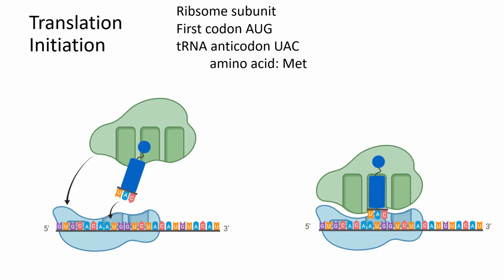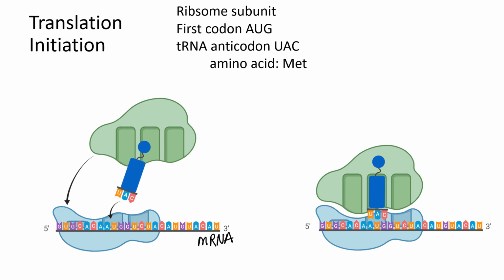Let's look at the process of translation. We can see here I've got the small and the large subunits of the ribosome coming together, and they're sandwiching that mRNA between them. And here is our mRNA.